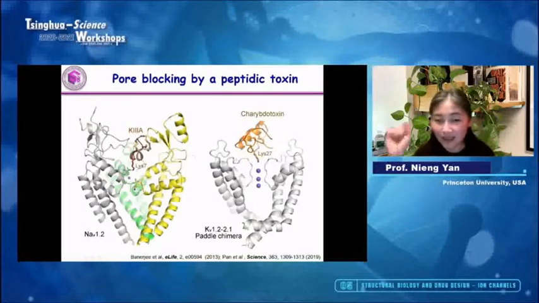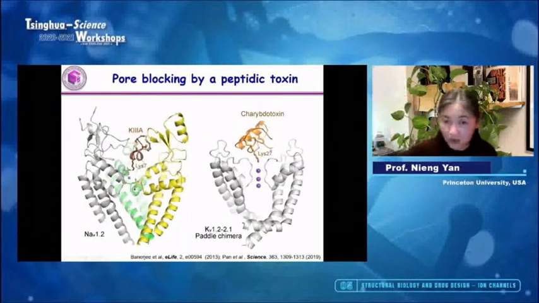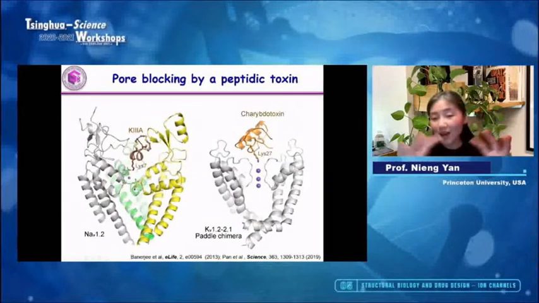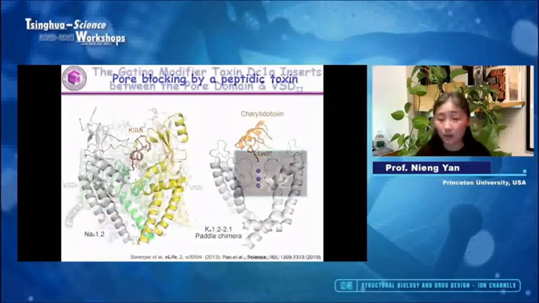Both toxins contain one lysine that projects into the mouth of the selectivity filter. So this immediately reveals how the toxin blocks ion conductance.